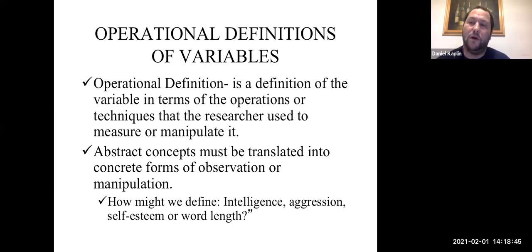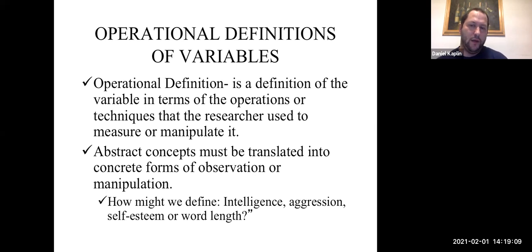Now, it's important to also talk about the concept of an operational definition. An operational definition is a specific definition of how you're either going to measure or manipulate a variable. What techniques are you going to use to measure?